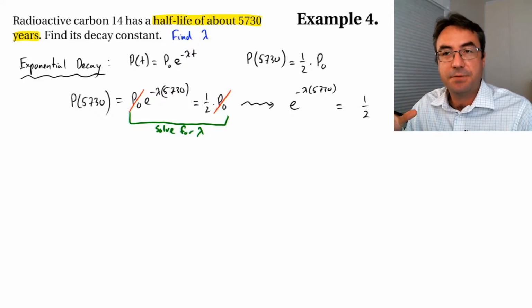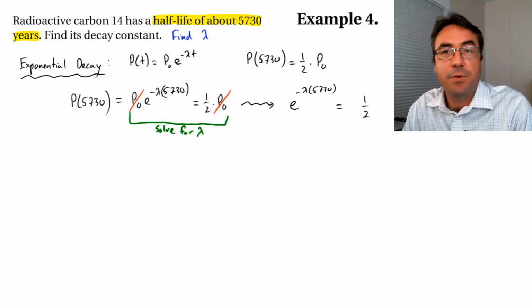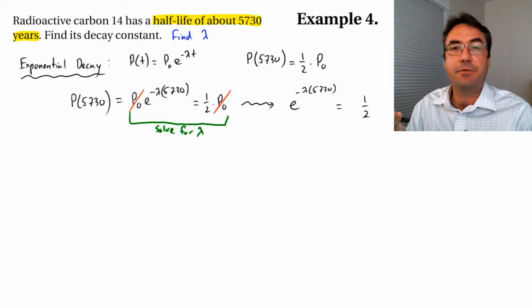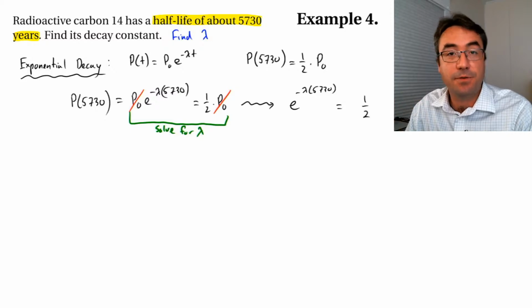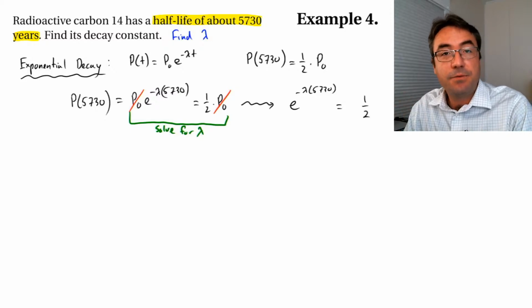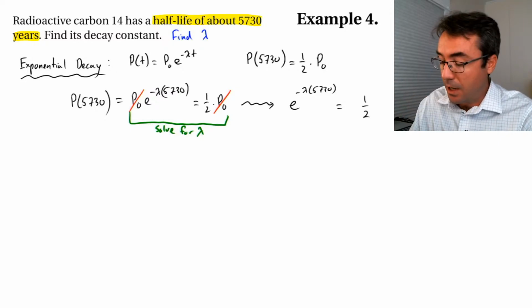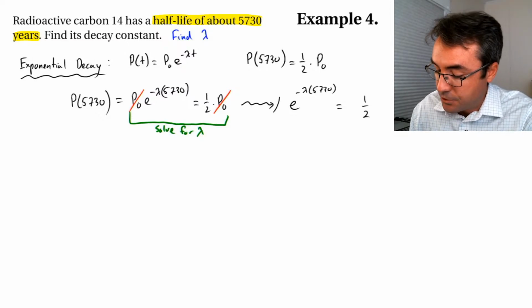All right, so we're getting somewhere. Now we want to get rid of that exponential function on the left. We want to get rid of the e. The way to cancel off a function is with its inverse function. The inverse function of e is natural log, so we're going to apply natural log to both sides of this equation.